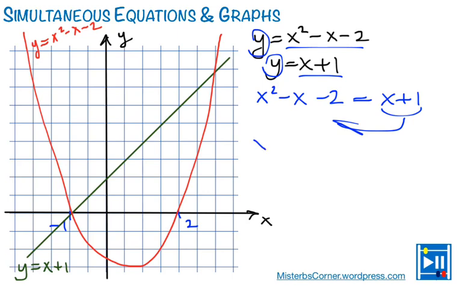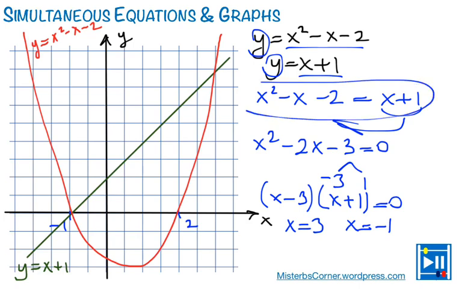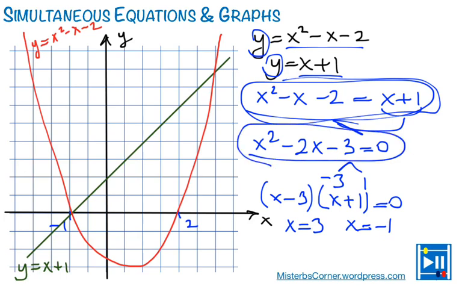So algebraically, I can end up with x squared minus 2x minus 3 equals 0, and then that's minus 3 and 1, so that's going to be x minus 3 times x plus 1 equals 0, from which I end up with x equals 3 and x equals negative 1. So the solution to this equation is equivalent to the solution to this quadratic equation, which are as follows. x is 3, x is negative 1.